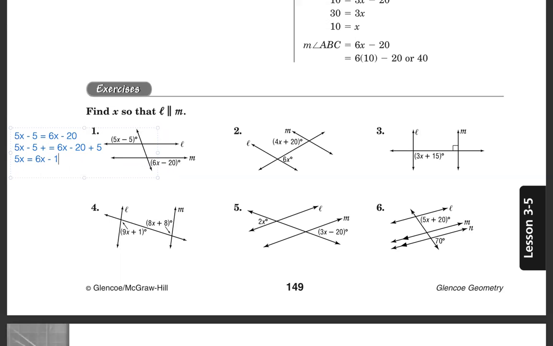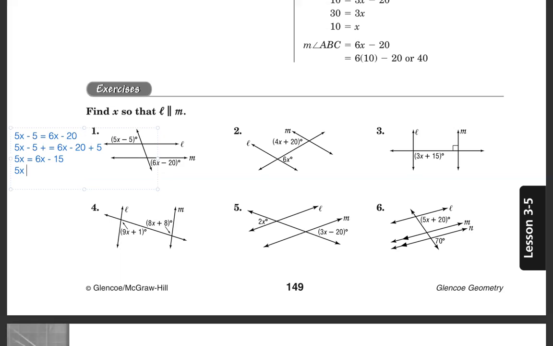minus 15. Okay, and since we are solving for x, we choose to put the constant on the right side. Therefore, we want to put the term with variable x on the left side. So we have to eliminate the 6x on the right side.